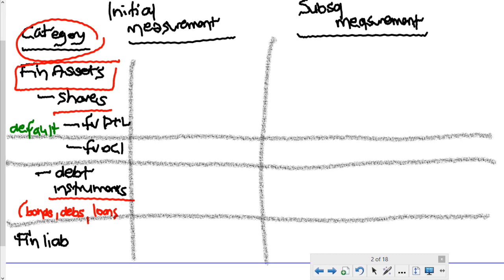So when we have financial assets that are shares, the default is that we carry them at fair value through P&L. We can elect to carry them at fair value through OCI. And we can elect to do that.